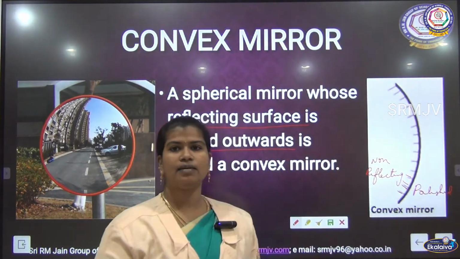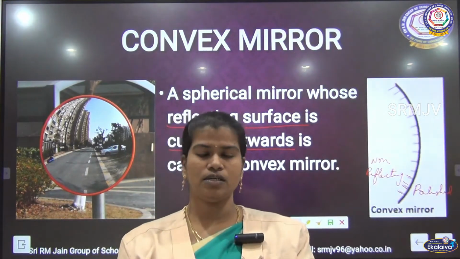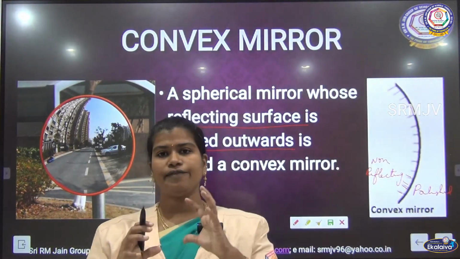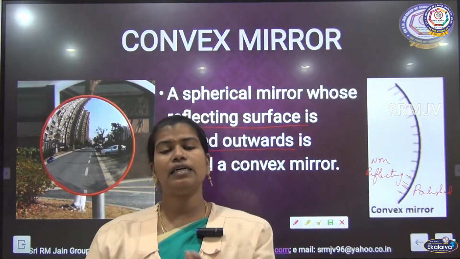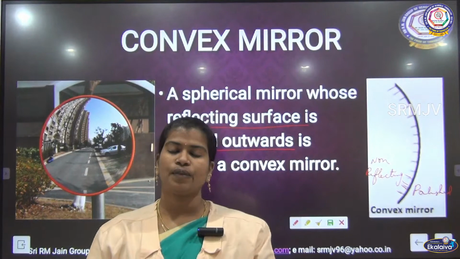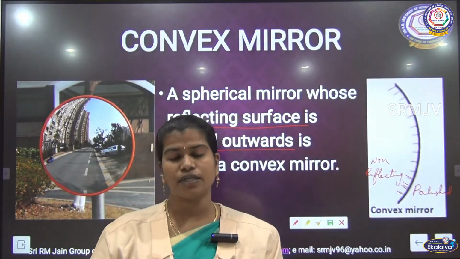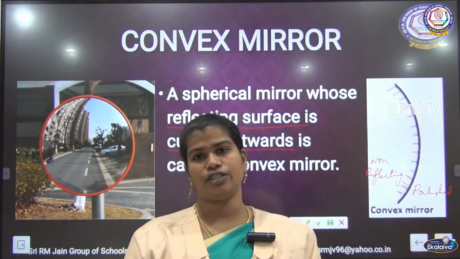These spherical mirrors are actually a part of a sphere. If we consider the concave mirror, the inner part of the sphere is polished, and if we consider the convex mirror, the outer part is polished.